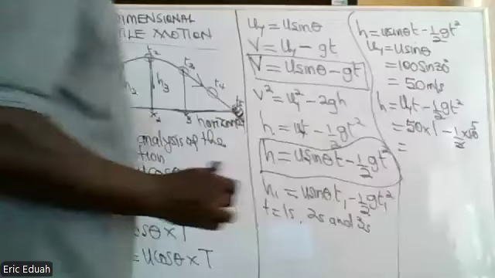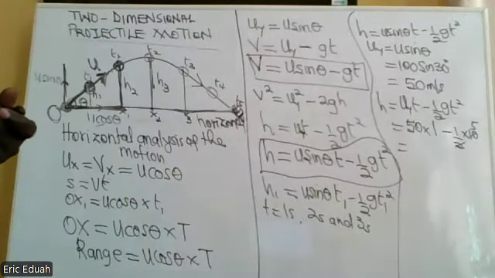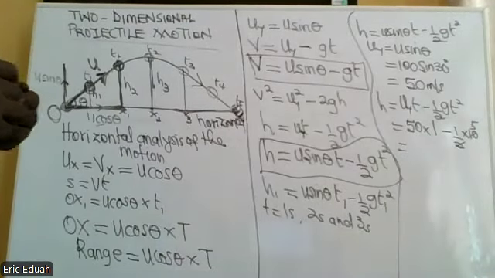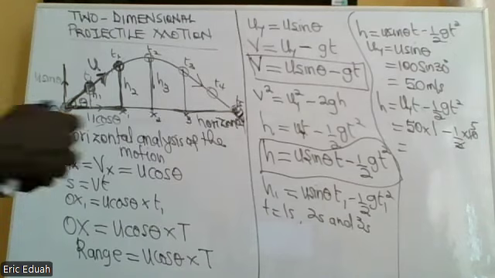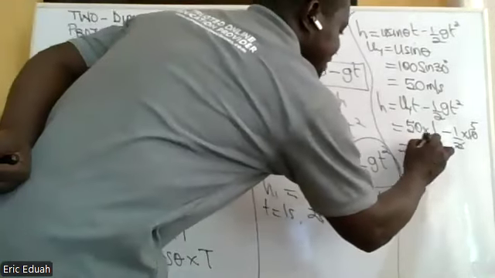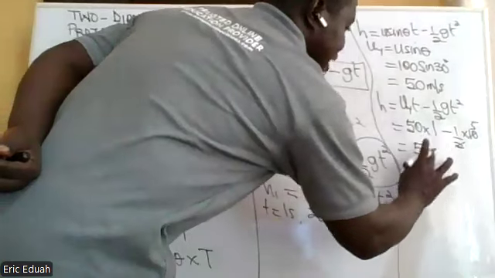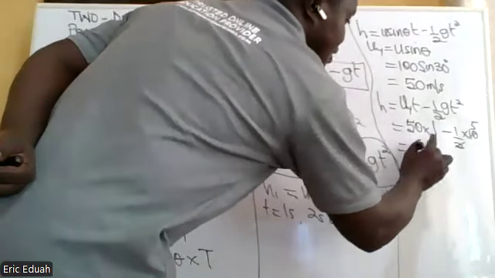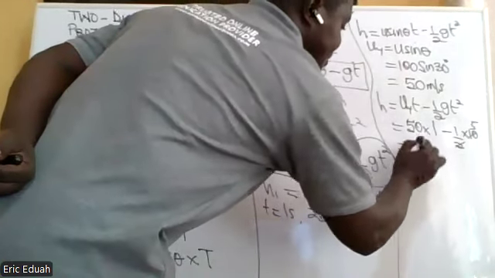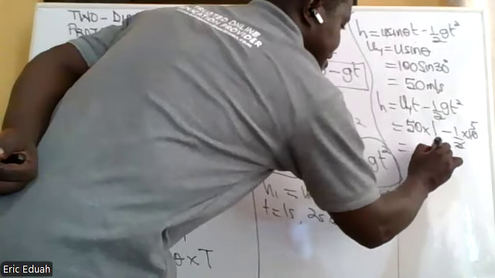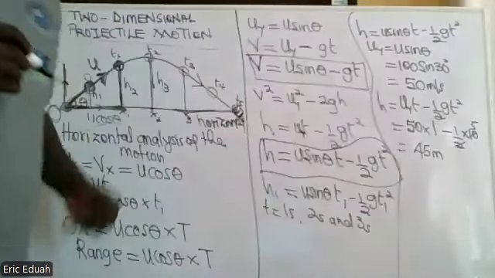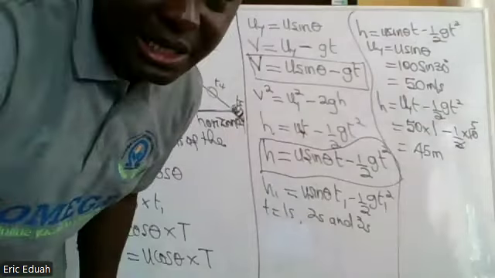So it means that at 1 second, the body will travel vertically by 50 minus 5, so 45 meters. How many of you got this?